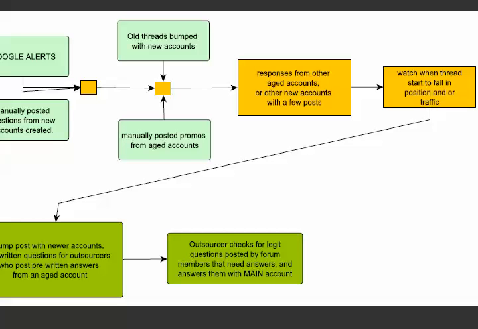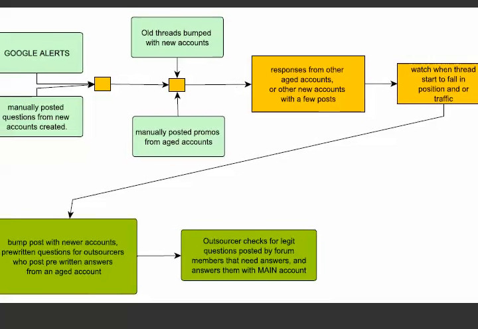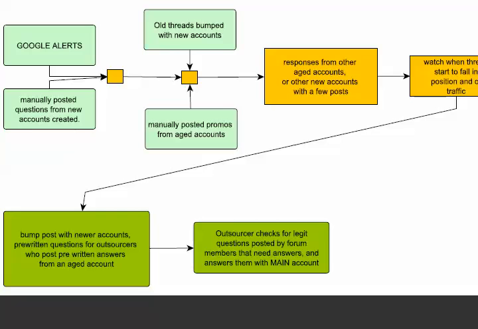the traffic from that thread, and you can say, hey, when the traffic from this thread drops down to, say, 2 visitors a day or something like that, let me know, so that you can then enact the next part of the process, which is that you bump that thread again with newer accounts. Again, this can be another newbie account that's asking a question.